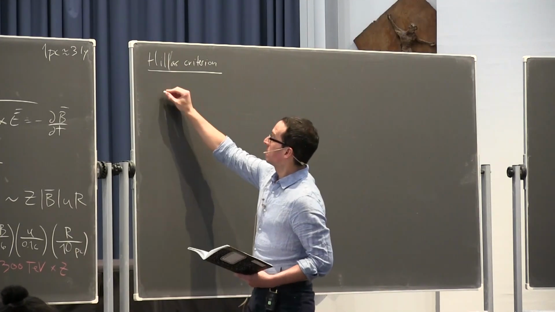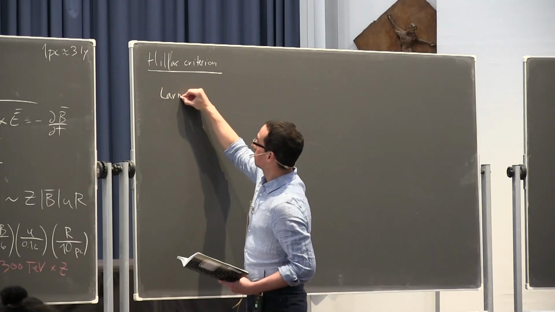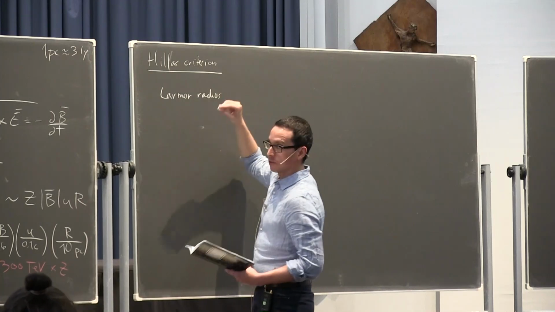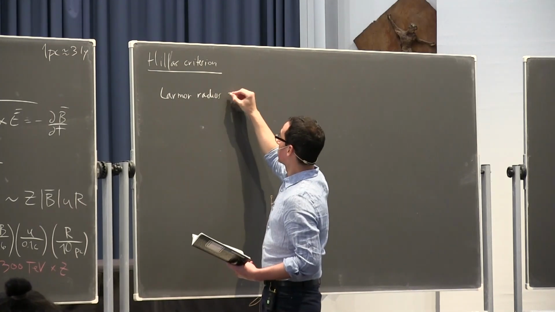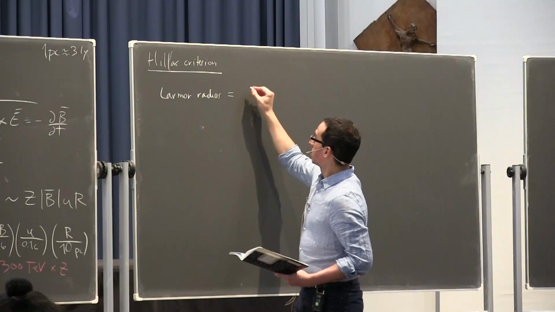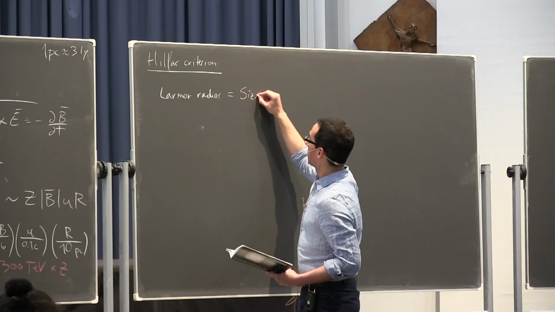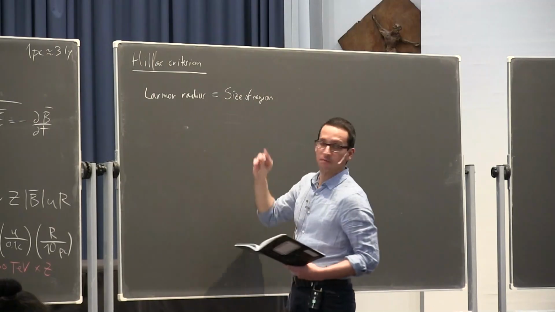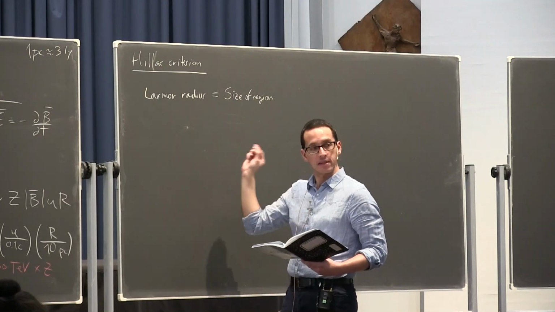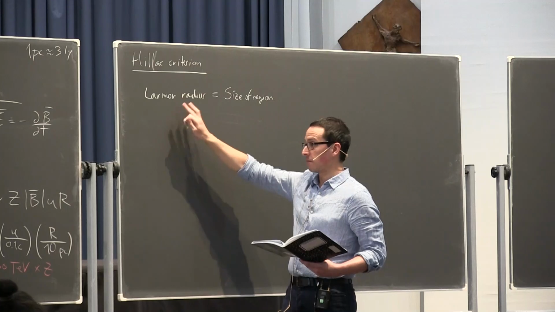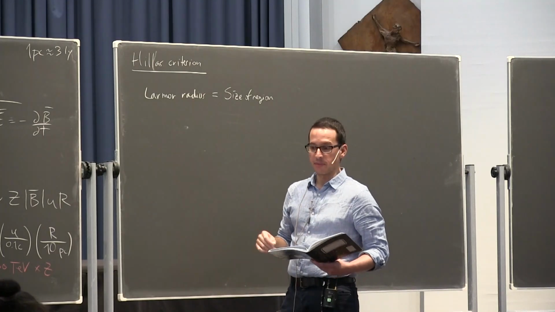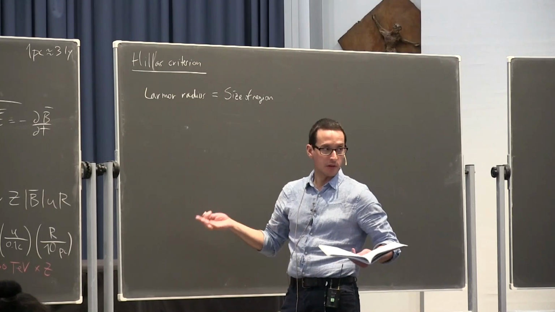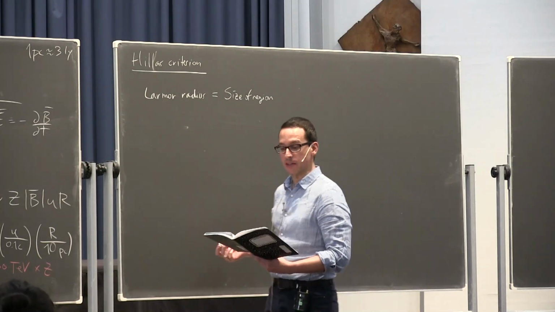And that means that the condition to reach the maximum energy is that the Larmor radius, or the gyro radius, of the particle has to be at most equal to the size of the region, because when it's bigger, then it will just leave. Remember, a particle moving in a magnetic field is bent with some curvature that is given by this. If the curvature is bigger than the size in which the particle needs to be contained, then that particle is no longer inside the region. So it no longer can be accelerated.